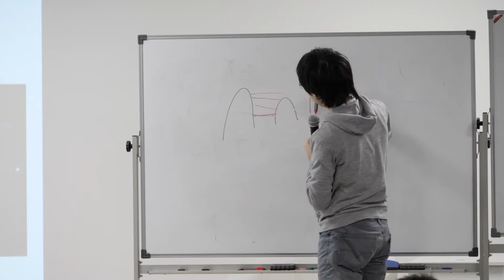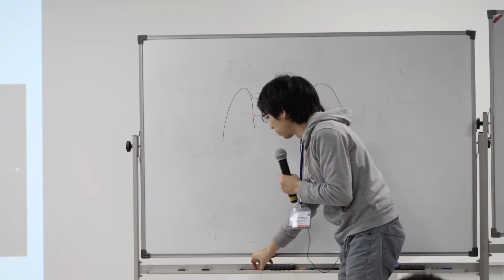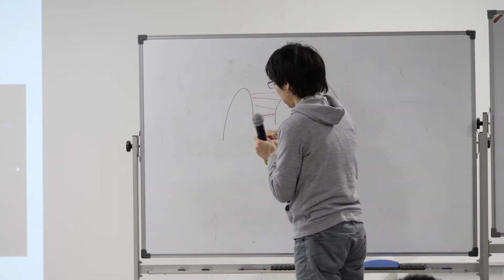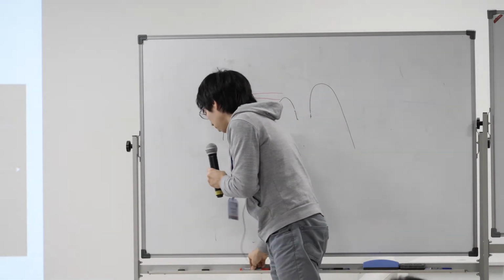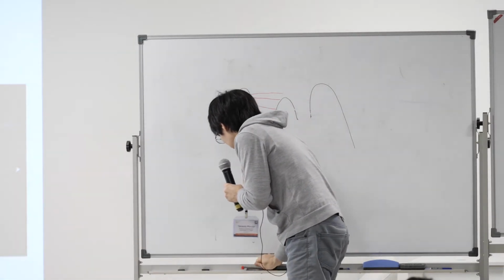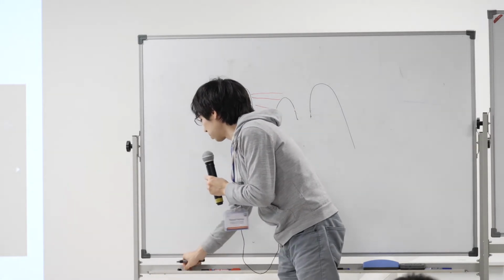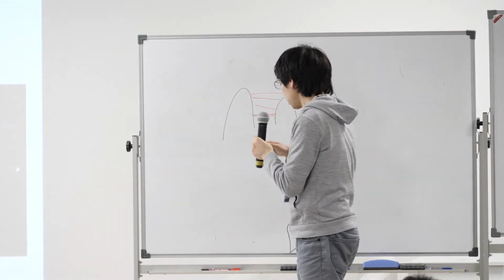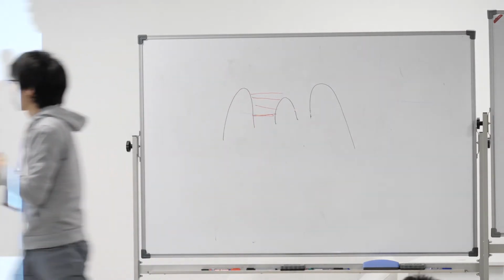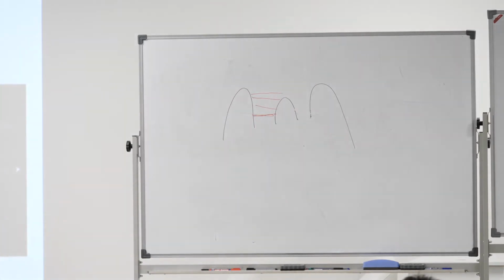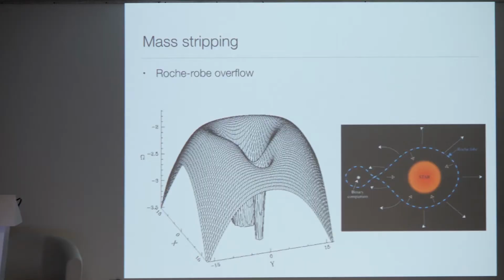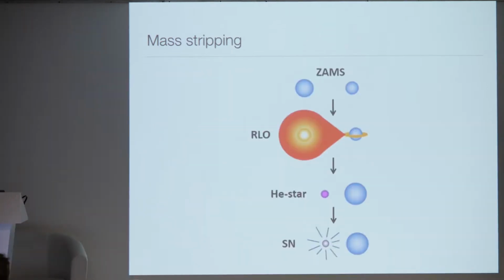This star can take mass from the other star, and that will lead to extra mass loss which didn't happen in the original single star system. This kind of mass flow in a binary system is through what is called the Roche lobe, and the mass can go away through this Roche lobe.